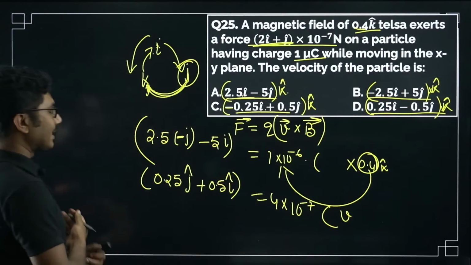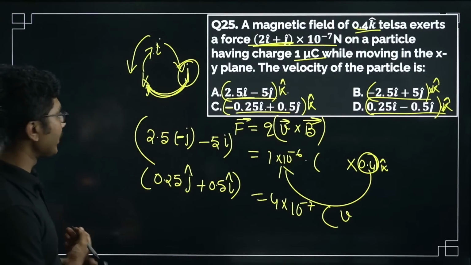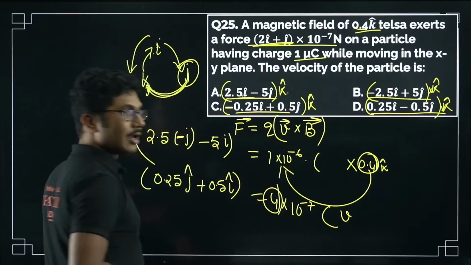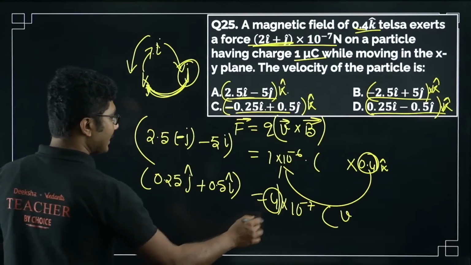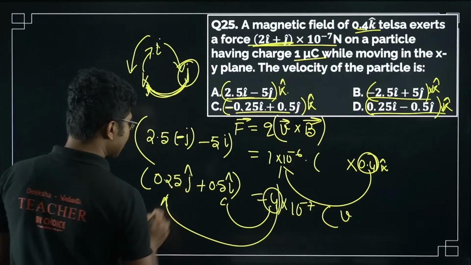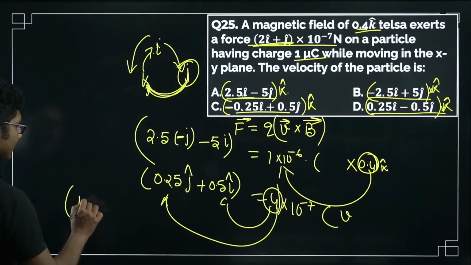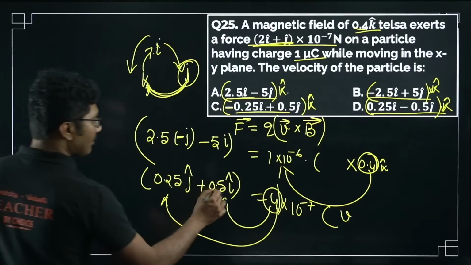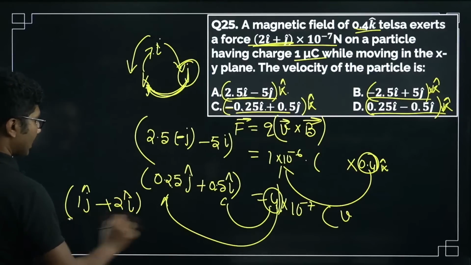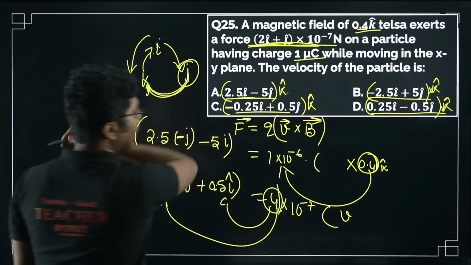Now you might say, sir, this is not exactly the value we are looking for. This is the exact value because there was 4 over here. So you have to multiply each number with this 4. If you multiply 4 with this, you get 1j, and if you multiply 0.5 with 4, you get 2i. So this is the answer we are looking for. So this is the correct answer.